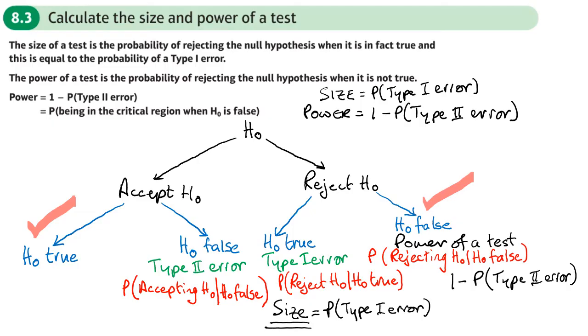So this section is all about working out the size and the power of a test. So we can see from this, if we want the power of a test to be high, it means that we want the probability of a type 2 error to be as low as we can get it.